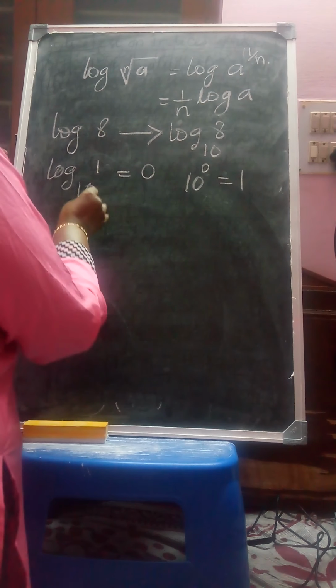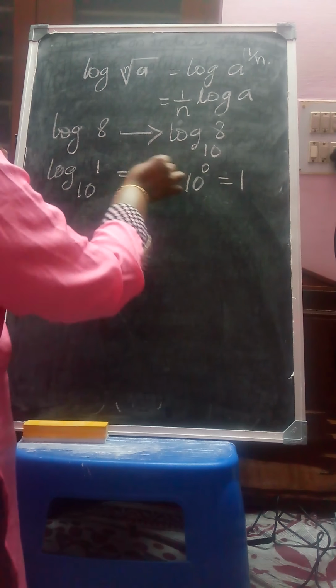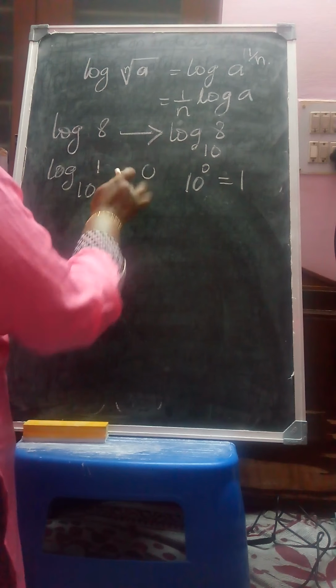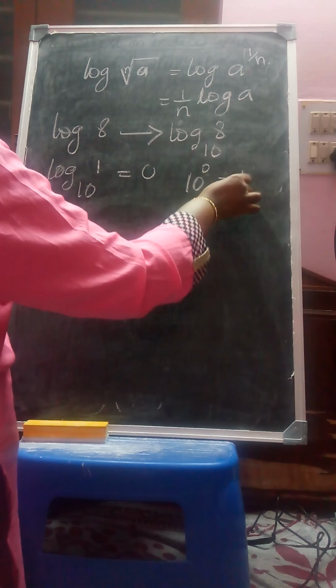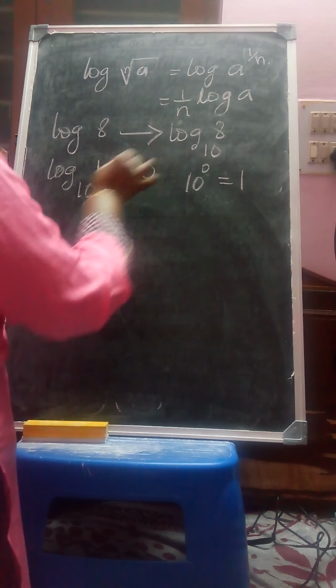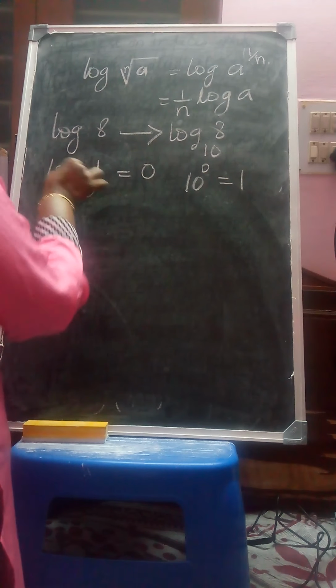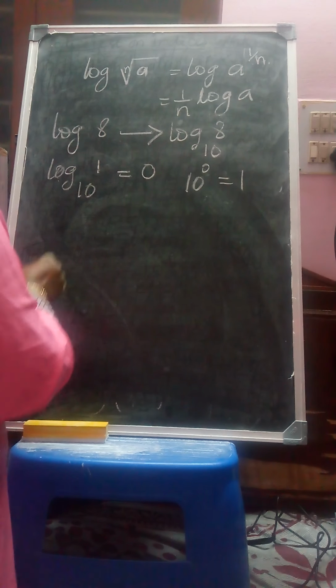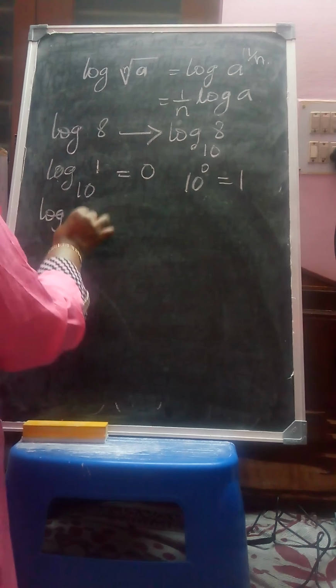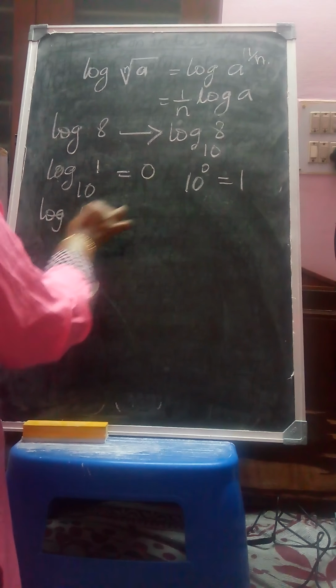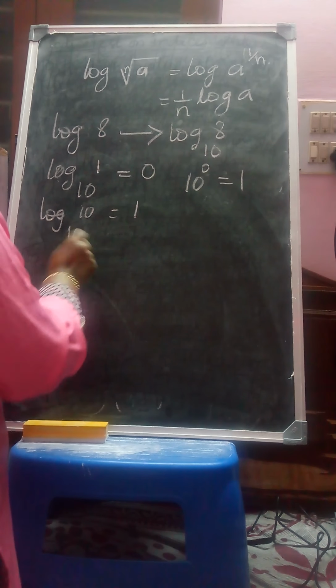Anything raised to the power of 0 is 1. So when the base is 10, log 10 of 1 is 0. Now what will be log 10 of 10? This will be 1. You know why?